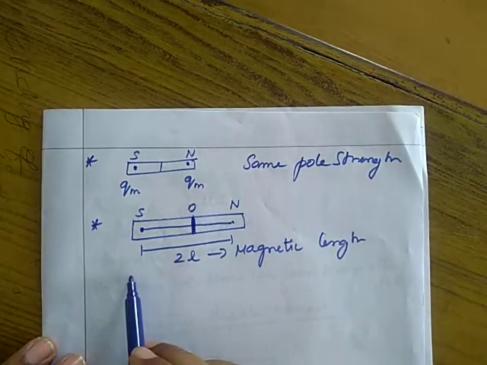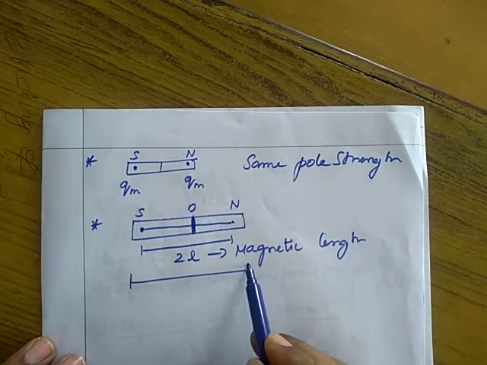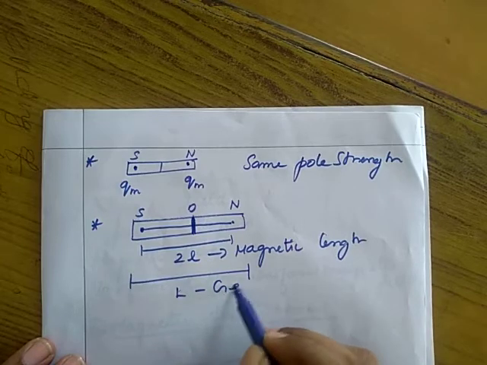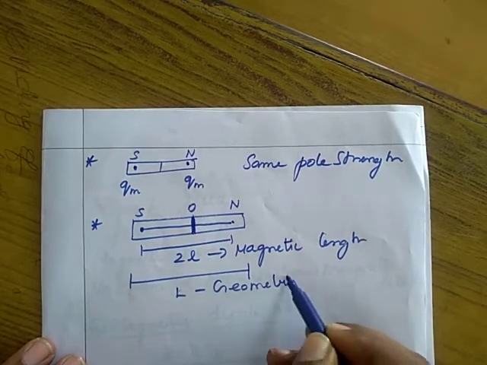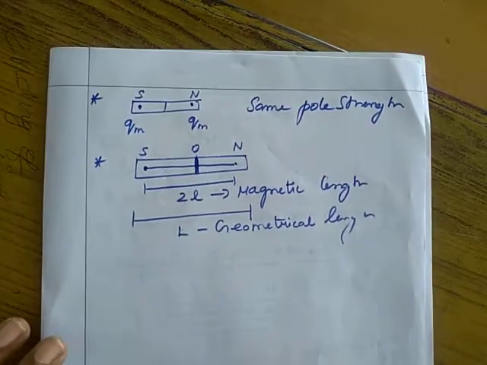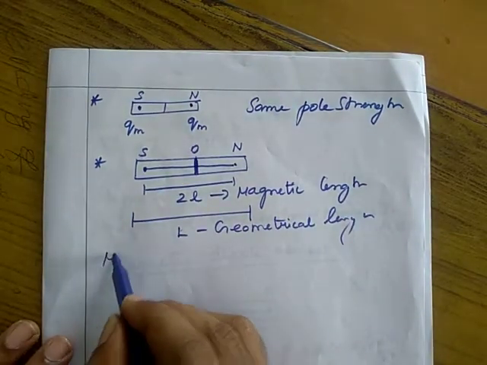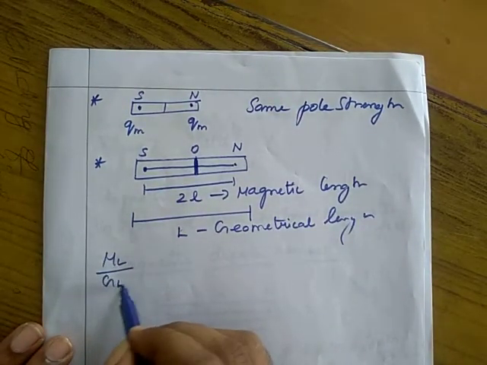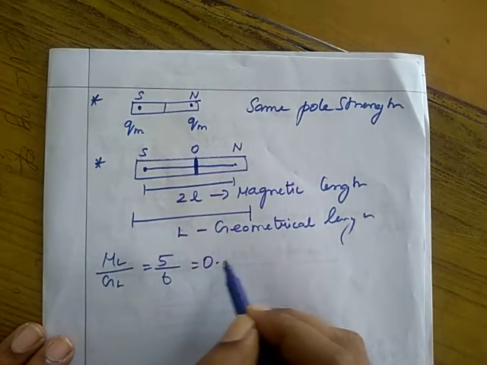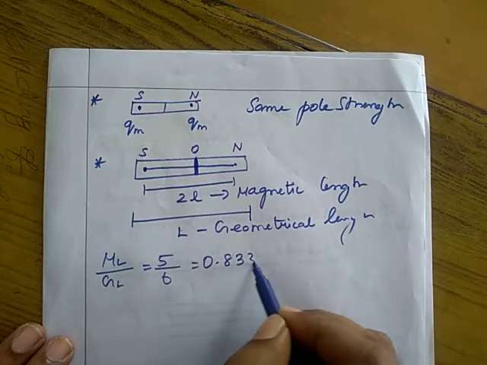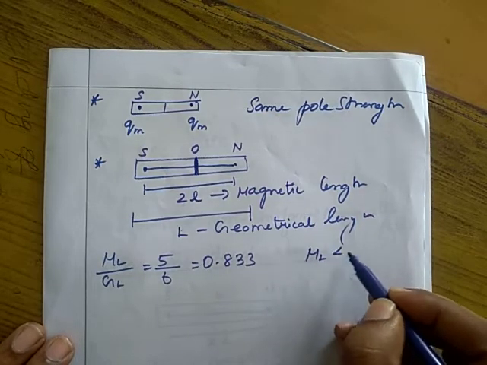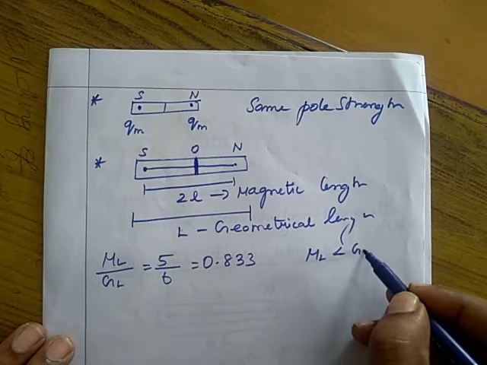The distance between the ends of the magnet is represented as L, which is the geometrical length. The ratio of magnetic length to geometrical length is 5/6, which is equal to 0.833. The magnetic length is always less than the geometrical length.